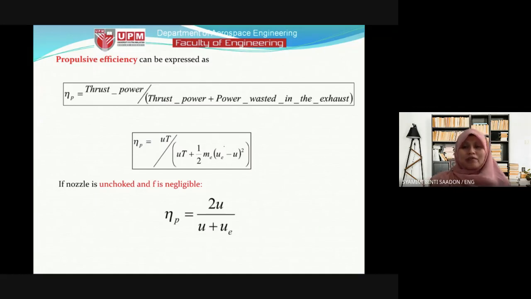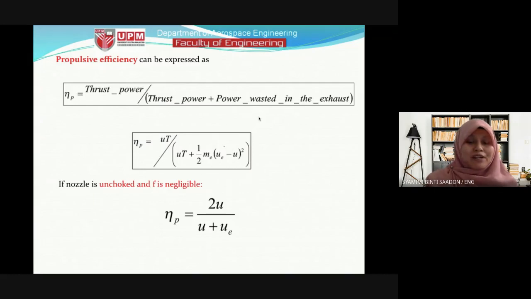But here for aircraft engine, aircraft application, we use the term propulsive efficiency, not thermal efficiency. We still calculate thermal, but the more important parameter in an aircraft engine is the thrust force, propulsion, to propel. So that's why we calculate the propulsive efficiency instead.